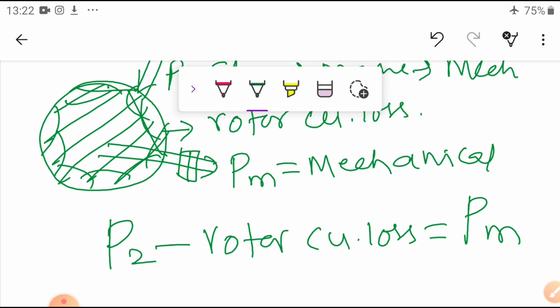Now once the mechanical energy is given to the shaft, the shaft is rotating. Once it is rotating, friction and windage losses take place at the bearings, so we have to subtract that.